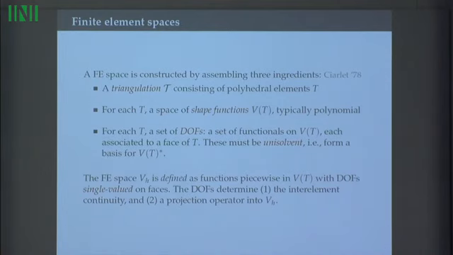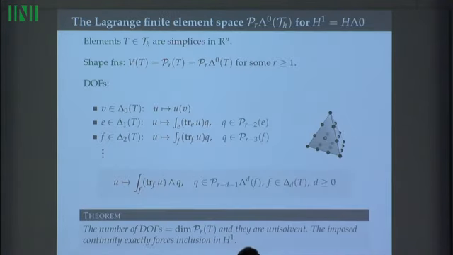And that's the general definition of a finite element space. One thing you get out of there is that the inter-element continuity is not specified a priori. It's specified by the single-valuedness of the degrees of freedom. And a consequence of all this is that given any function in your original domain, you can project it into the finite element space using the degrees of freedom.